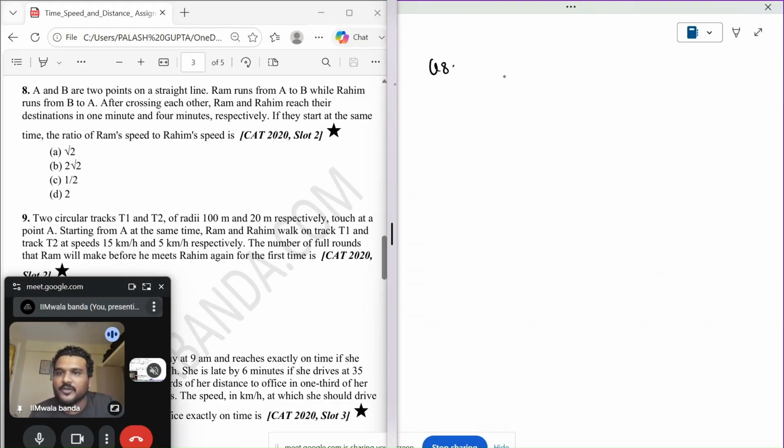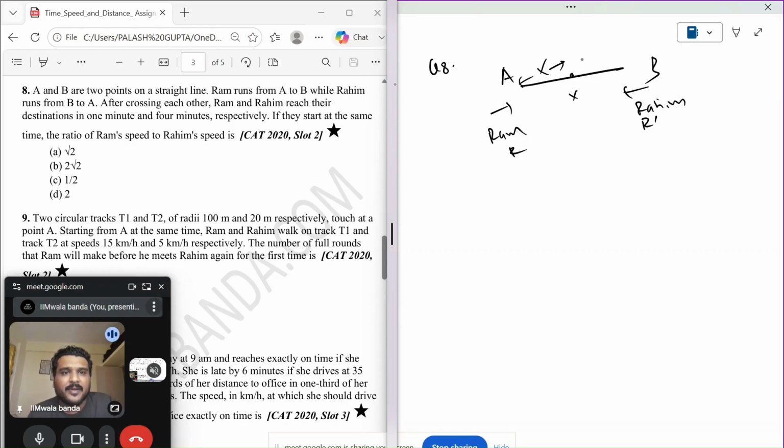A and B are 2 points on a straight line. Ram runs from point A to B. Rahim from B to A. Don't put R, put R and R dash after crossing each other. Of course, they will cross each other at some point. Ram and Rahim reach their destination in 1 minute and 4 minutes.